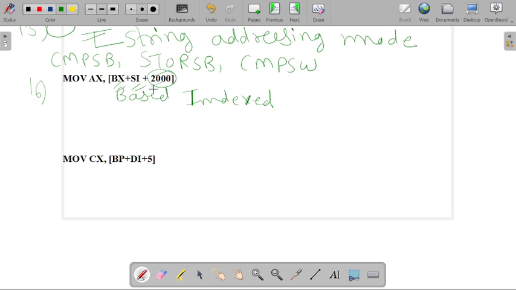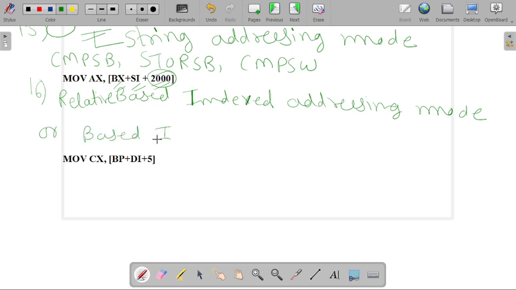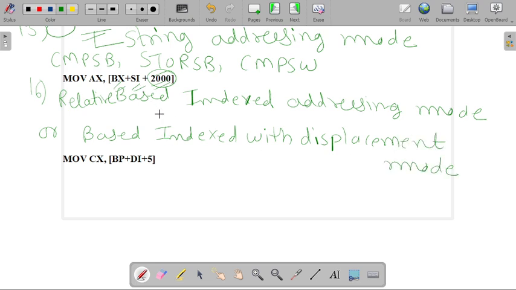So whenever the contents of a memory location are also given, we write here relative base index addressing mode. For this type of addressing mode, you can also write the answer like base index with displacement mode. So you can write any one of the answers when this type of question is asked.